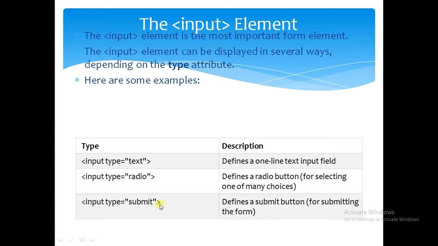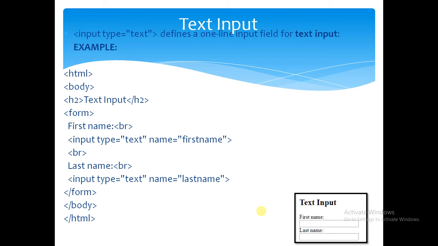Next, input type equal to submit defines a submit button for submitting the form. Next, text input. Text input defines a one-line input field for text. It means that if you want to create input boxes like first name and last name, we need to use text input.